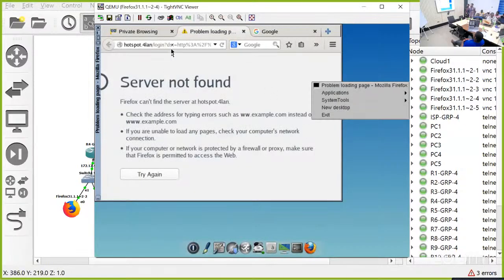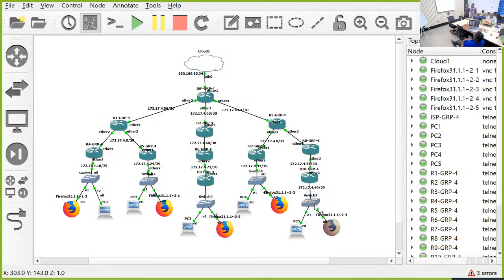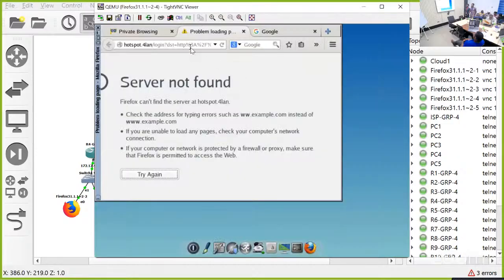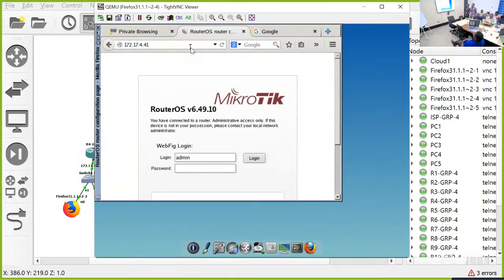Okay, let me confirm the IP address of the router on this end. 172.17.4.41. It's also logged in. There's no hotspot here. It's taking me to your router login page, so there's no hotspot.